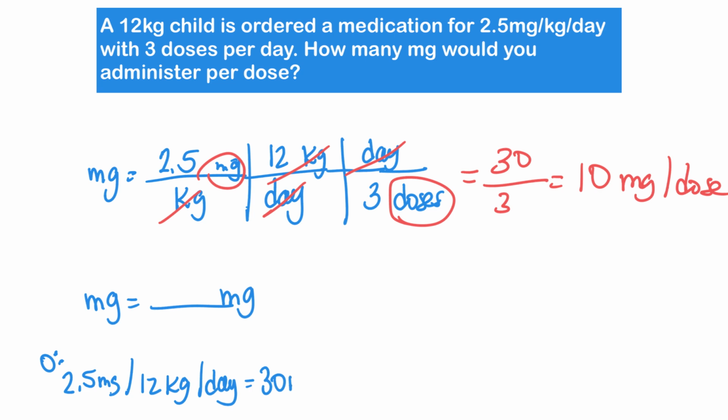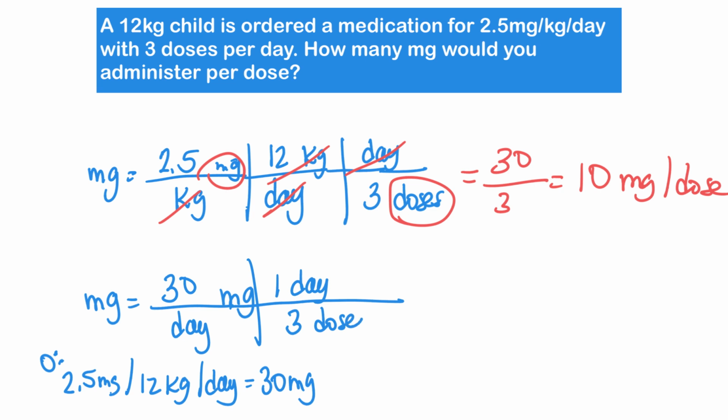Okay, so 30 milligrams. And up here, we have 30 milligrams per day. We have one day. We're given 3 doses. 30 divided by 3 is 10 milligrams.